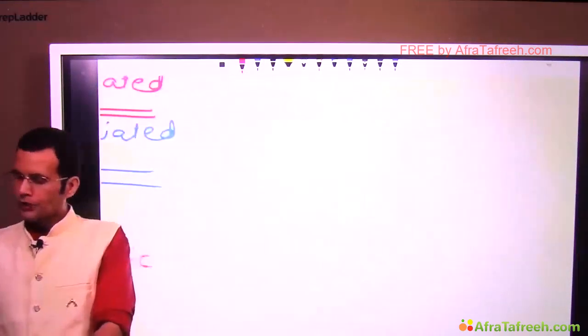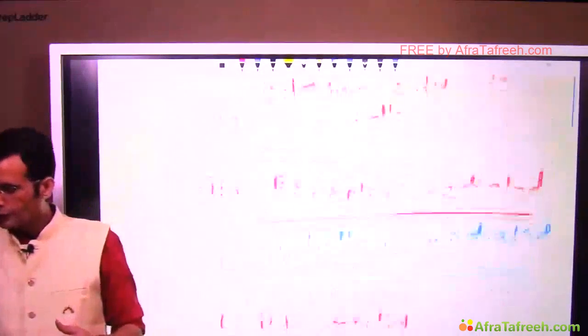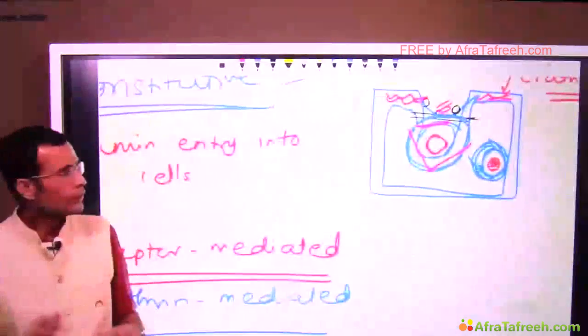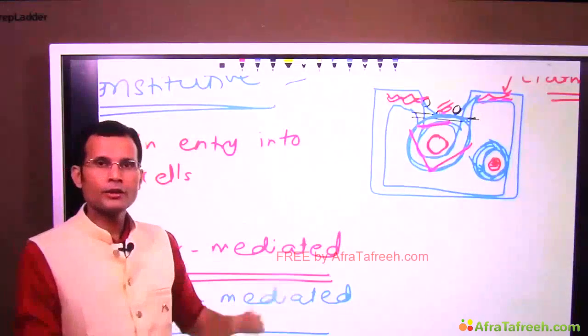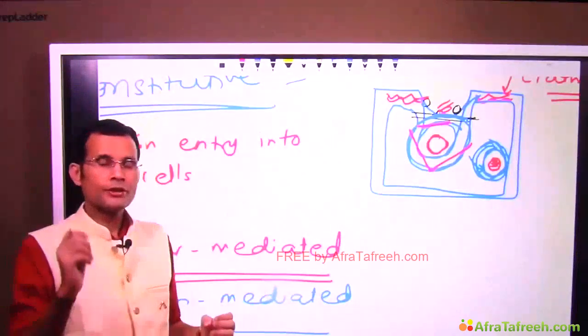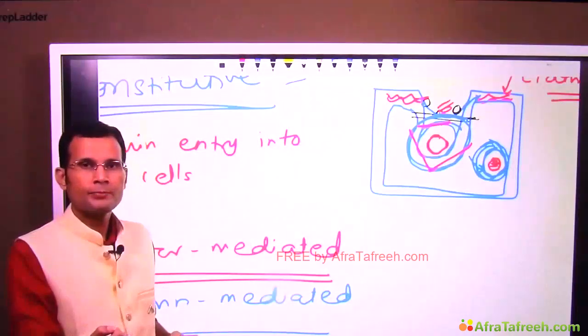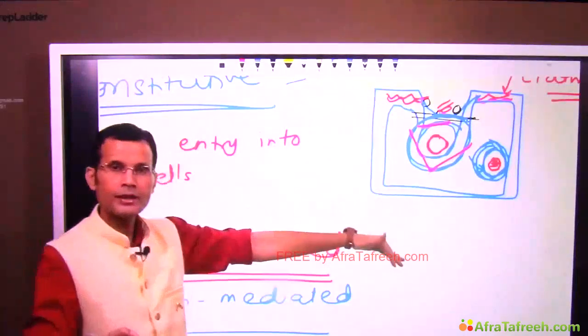You know, steroid hormones are synthesized from cholesterol. So let's say this is a steroid synthesizing cell in the adrenal cortex. Now it has to capture the circulating LDLs, and then those LDLs will enter the cell.